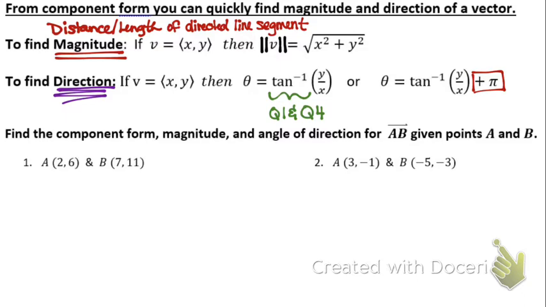What would I add on to if I was in degrees instead of radians? Yeah. Or plus 180 if we're in degrees. This is what I would do for quads 2 and 3.